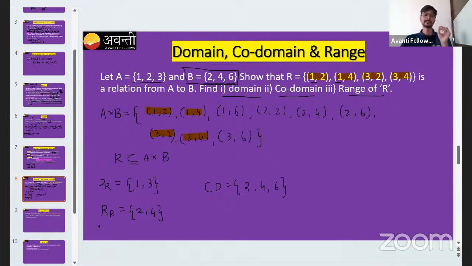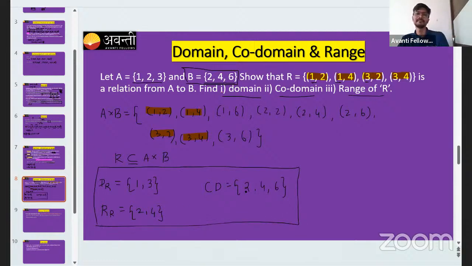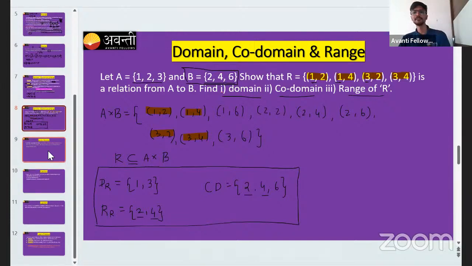And what I have been saying, that range is always a subset of codomain, is clear. Why? Range has 2 from the codomain and 4 from the codomain, so range is a subset of codomain. I hope this example is very clear to you all.